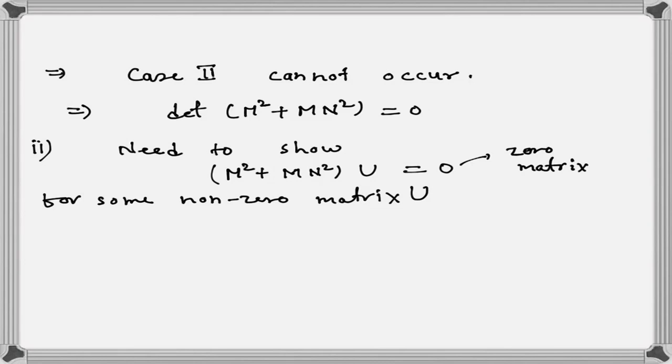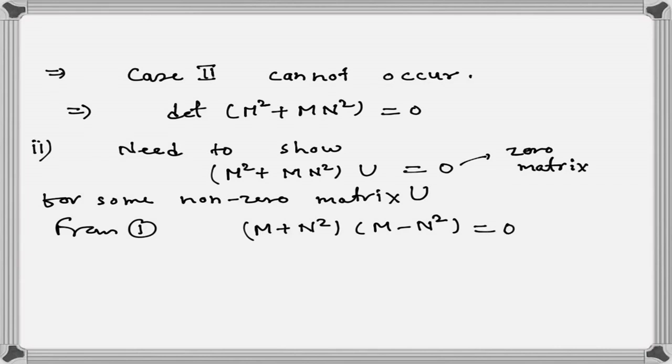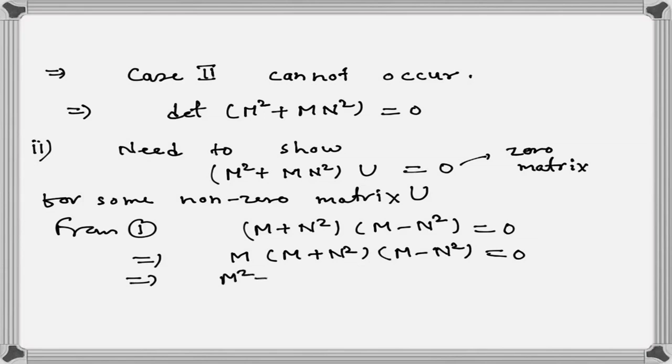Now let's go back to equation 1. From 1 we had m plus n square into m minus n square is equal to 0. This implies you just multiply this by m. This implies m square plus m n square into m minus n square is equal to 0.